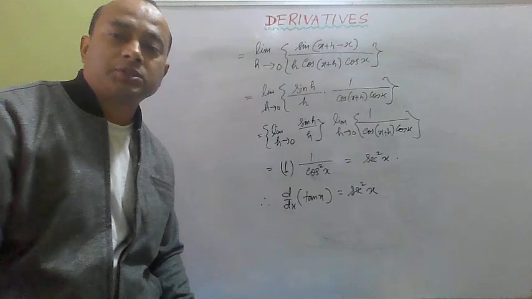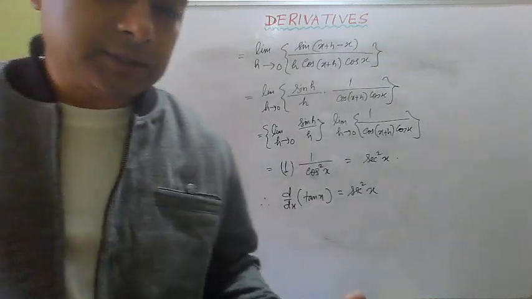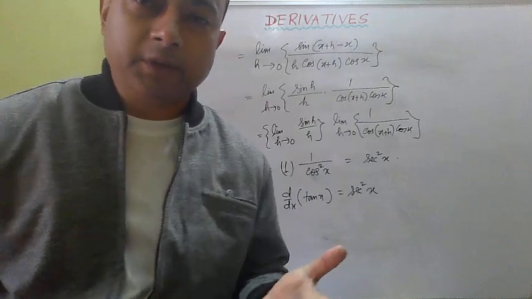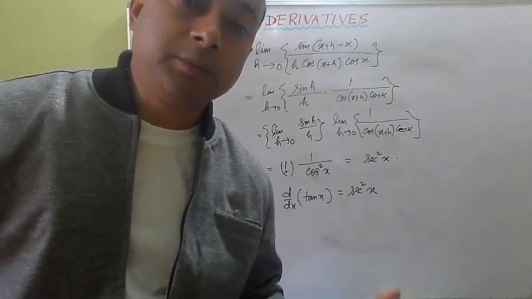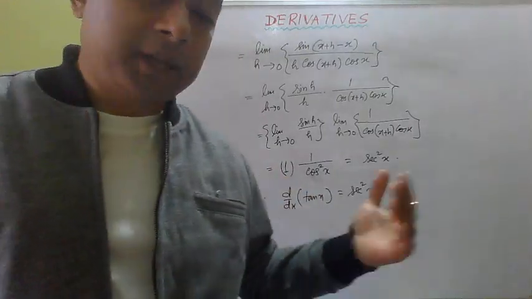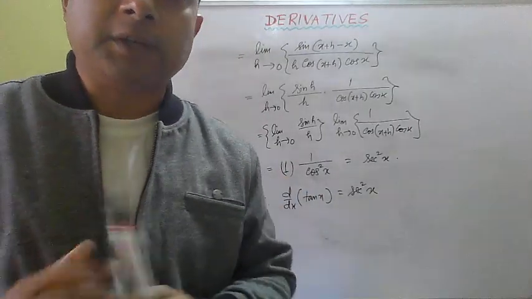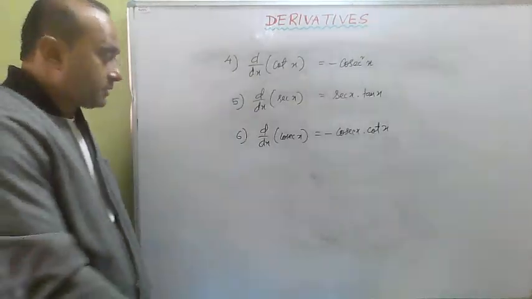So three more functions are remaining. What I am going to do, I will write down the result of those, like what is derivative of cot x, what is derivative of sec x, and what is derivative of cosec x. I am going to write down the answers. You can apply the first principle and verify the result on your own. So here are the answers.